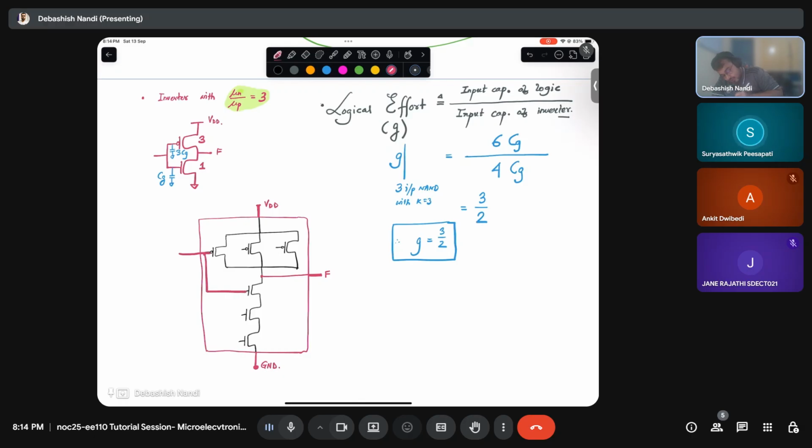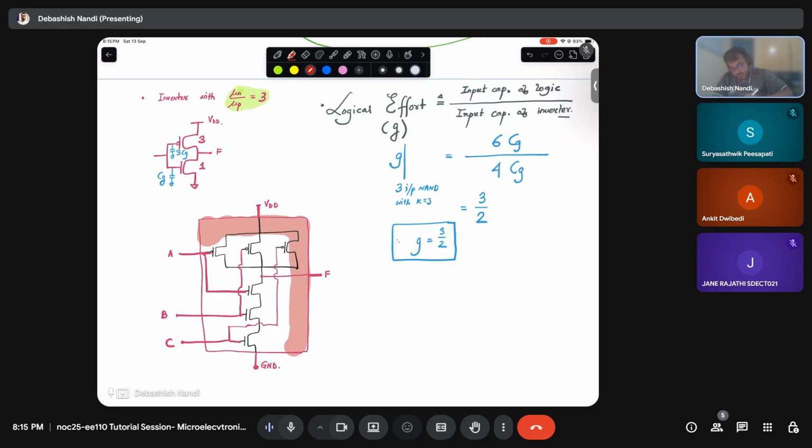It is a 3 input NAND gate, so you will have one input A, another input B, and another input C. You only get to see the outside of the package in real life.